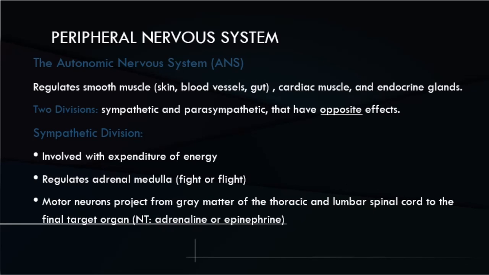The 2 main divisions of the ANS are sympathetic and parasympathetic. They have opposite effects. Sympathetic is, when people do things that are exciting, they say they like the adrenaline rush. When you're in fight or flight mode, your body is in the sympathetic mode.